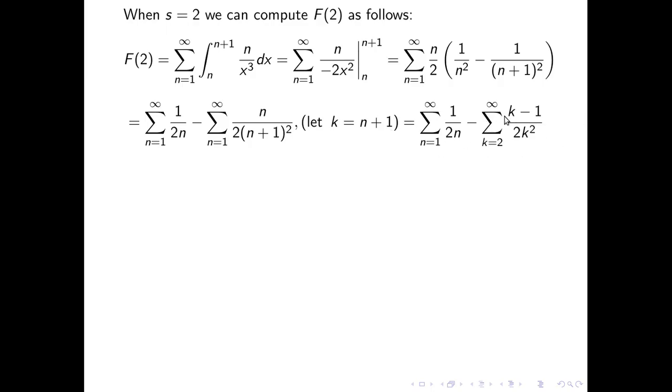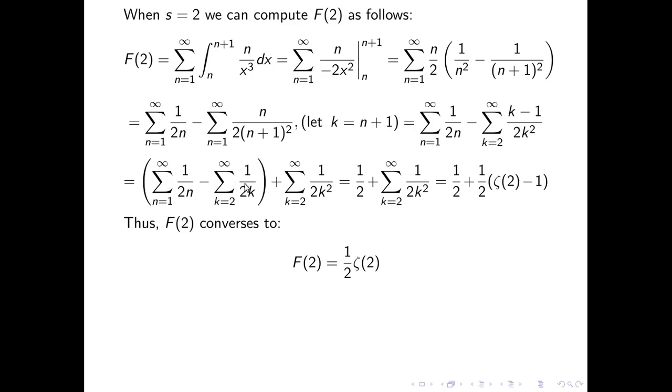So distributing the summation here, we get these two terms, and combining these first two, we see that these are equal except for the first term, which is 1/2, and subtracting gives 1/2 here. This one is actually zeta of 2 minus the first term, which is 1. Combining the two, we get f of 2 is zeta of 2 over 2.